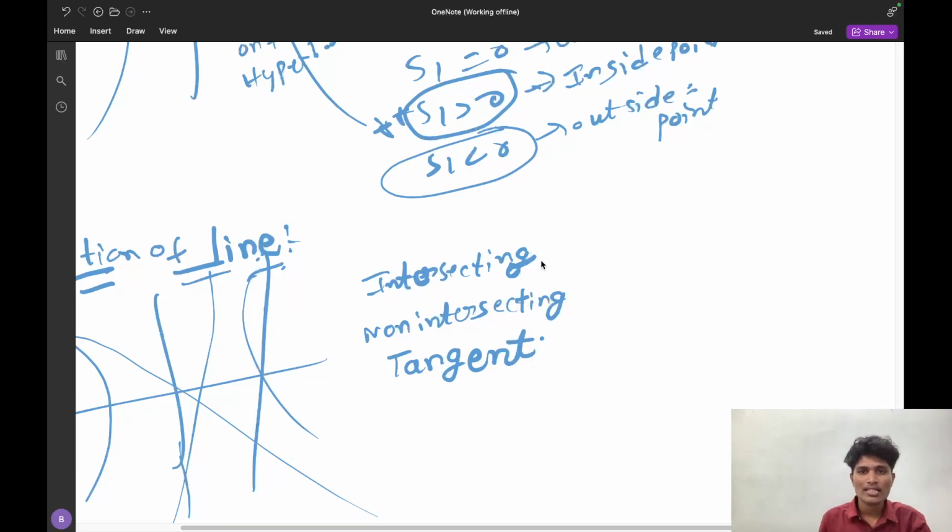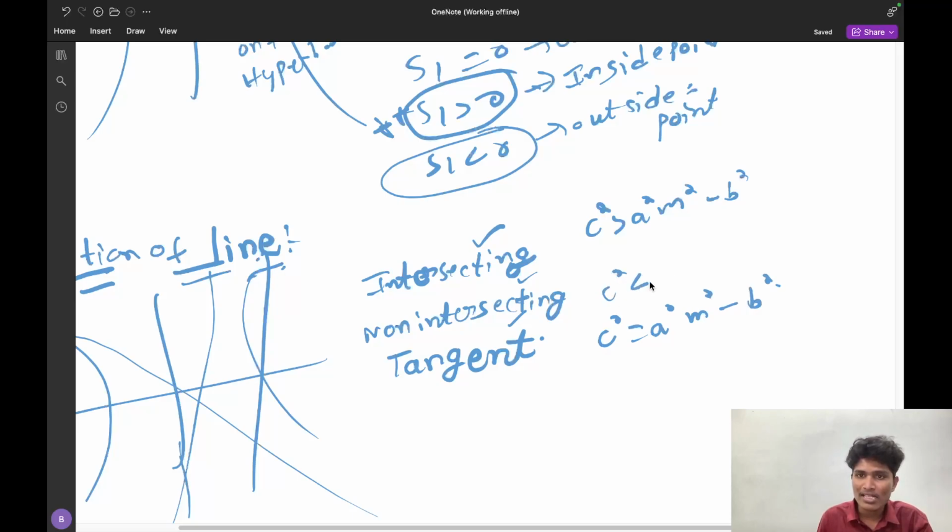And for intersecting, non-intersecting, and tangent, what are the conditions? It is intersecting when c square is greater than a square m square minus b square. When it is a tangent, c square is equal to a square m square minus b square. When c square is less than a square m square minus b square, it is non-intersecting.